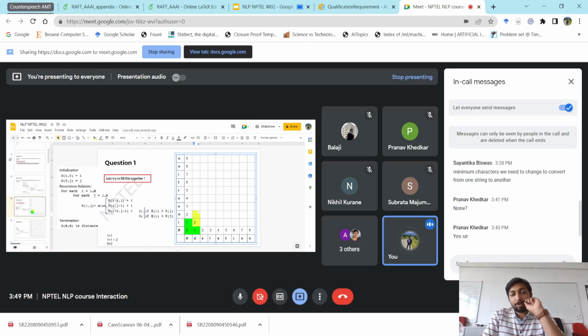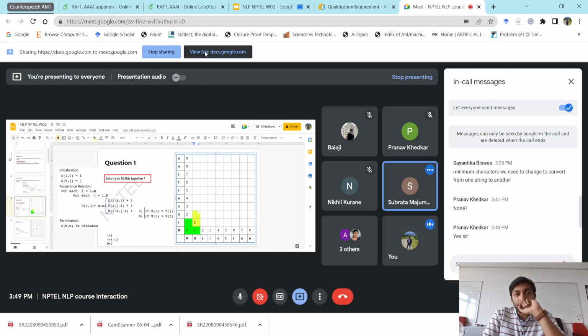Can you tell me what will be the value for this cell based on this algorithm for d 2 comma 3? Yes, Shubhrata. Sir, can you show the calculation again? Actually, I have missed this one.